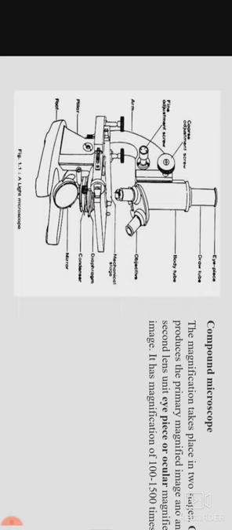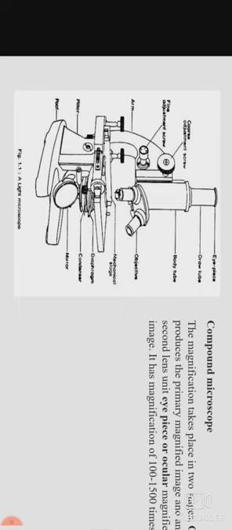A glass slide containing the object or specimen under study is kept on a stage under an objective lens. Light is then passed through the object with the help of a mirror and the condenser from below the stage.